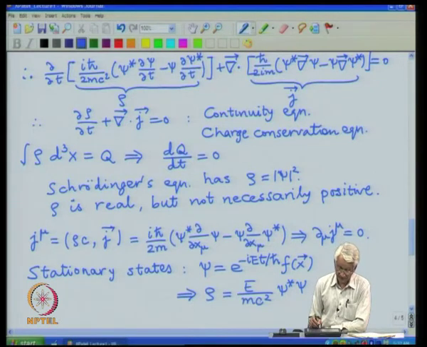But in other cases, the value of rho is not the same as mod psi square.